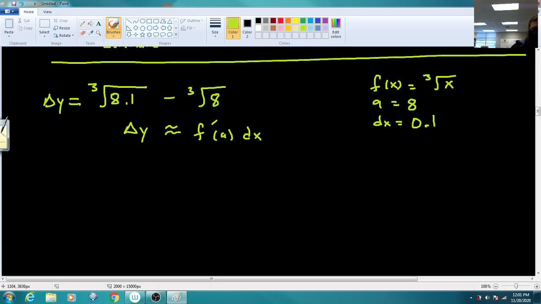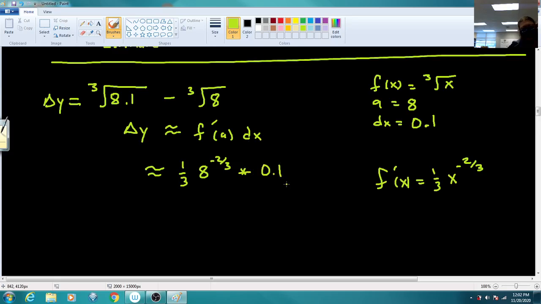And so now if f of x is the cube root of x, we need to figure out what f prime of x is so I can figure out what f prime of a is. So f prime of x will be 1/3 x to the negative 2/3. So we get, okay, delta y is approximately 1/3. It's not x anymore, we're going to use a. A is 8, so that would be 1/3 times 8 to the negative 2/3. And then we multiply that by dx, which is 0.1.